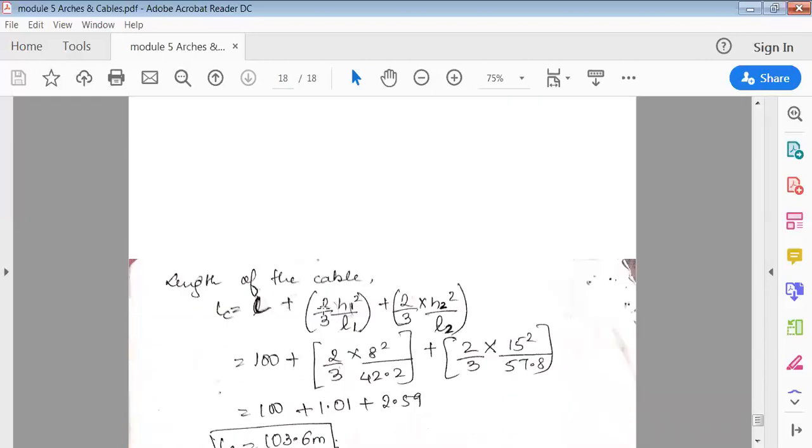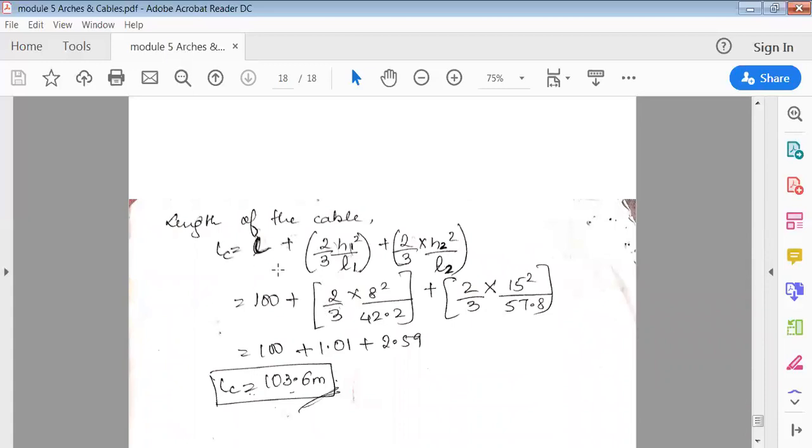Because there is a difference in the height here, there will be a slight change in the formula. The length of the cable LC is equal to L plus 2/3 of H1 squared by L1 plus 2/3 of H2 squared by L2.